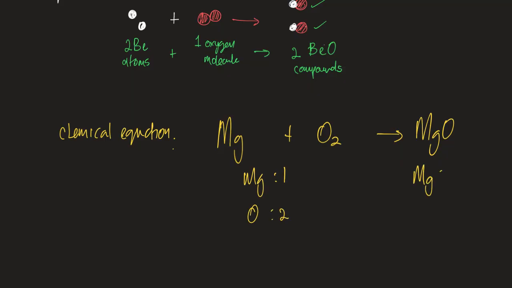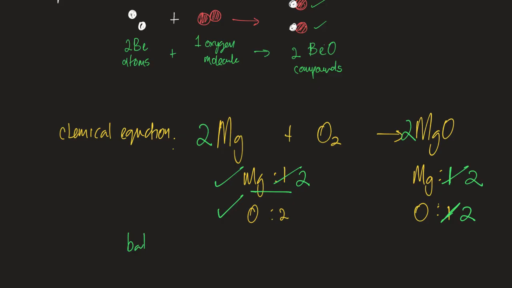On the other side, I have 1 magnesium and 1 oxygen. I'm not happy with that because it's not balancing. So I'm going to put a 2 in front of the magnesium oxide to get 2 oxygens, but it also makes sure I have 2 magnesiums. On the other side, I only have 1, so I'm going to put a 2 there, and that makes that 2. So I've got that balanced.